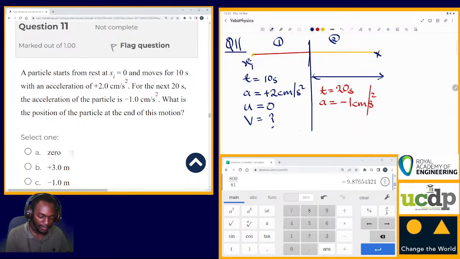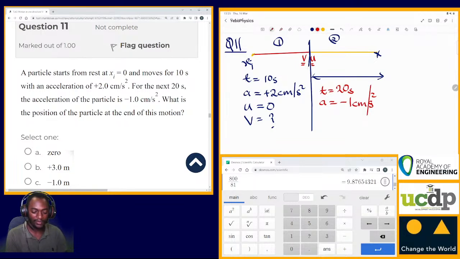We can calculate the final velocity at this point, which will then become our initial velocity for the second part of the journey.